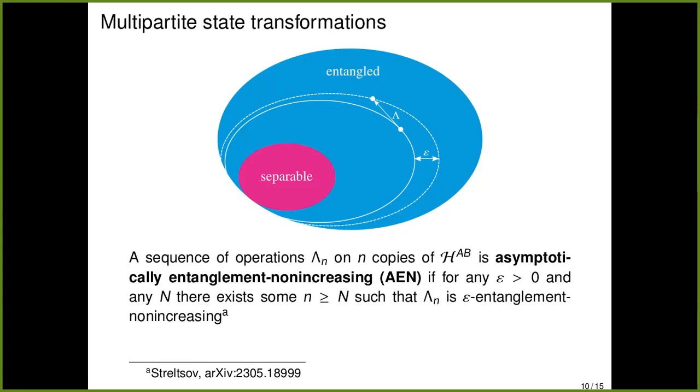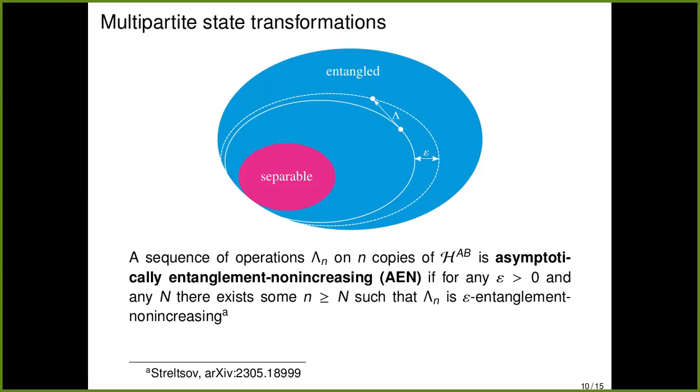Then I call a sequence of such operations asymptotically entanglement non-increasing if for any epsilon and any capital N there is a small n which is bigger than capital N, such that lambda n is epsilon entanglement non-increasing.